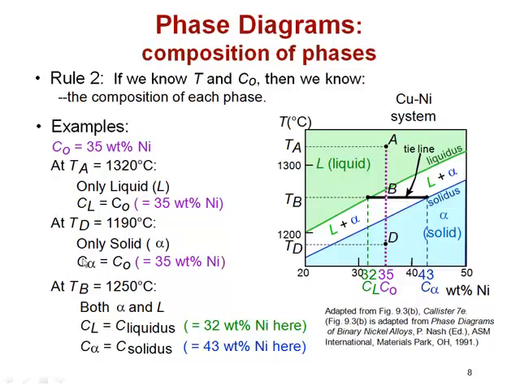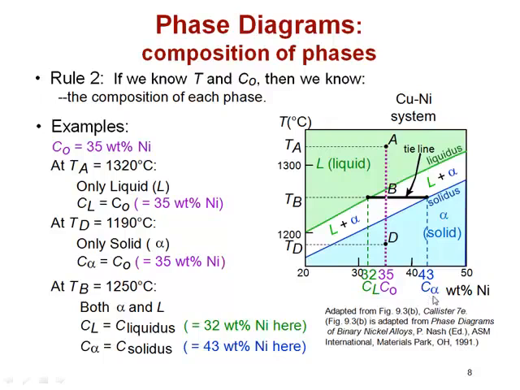Okay? So for point B, what is the composition of the liquid phase? We've got to find the intersection and bring it down. The composition of the liquid phase, C_L, is 32%. The intersection of the tie line with the solidus gives us the composition of the solid phase.